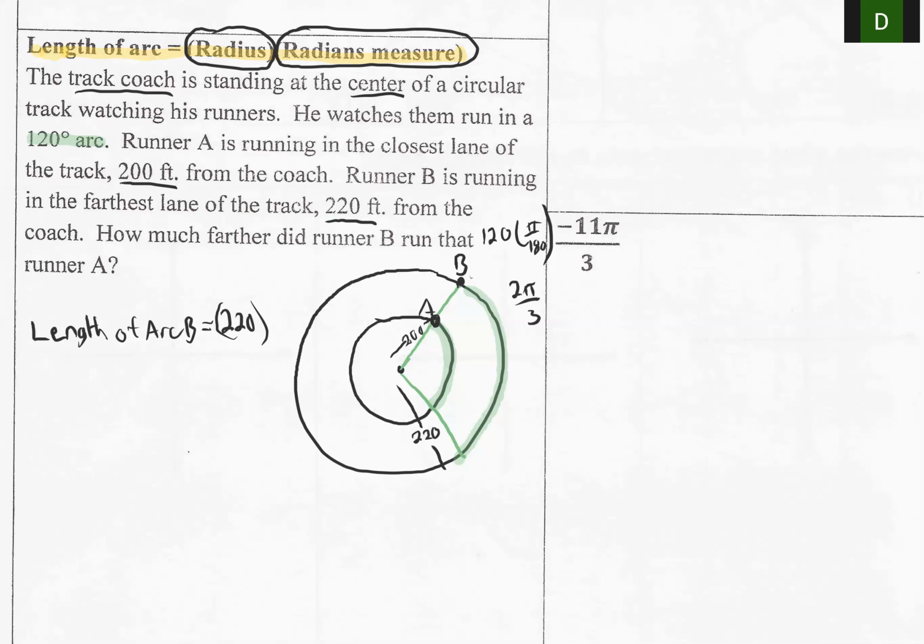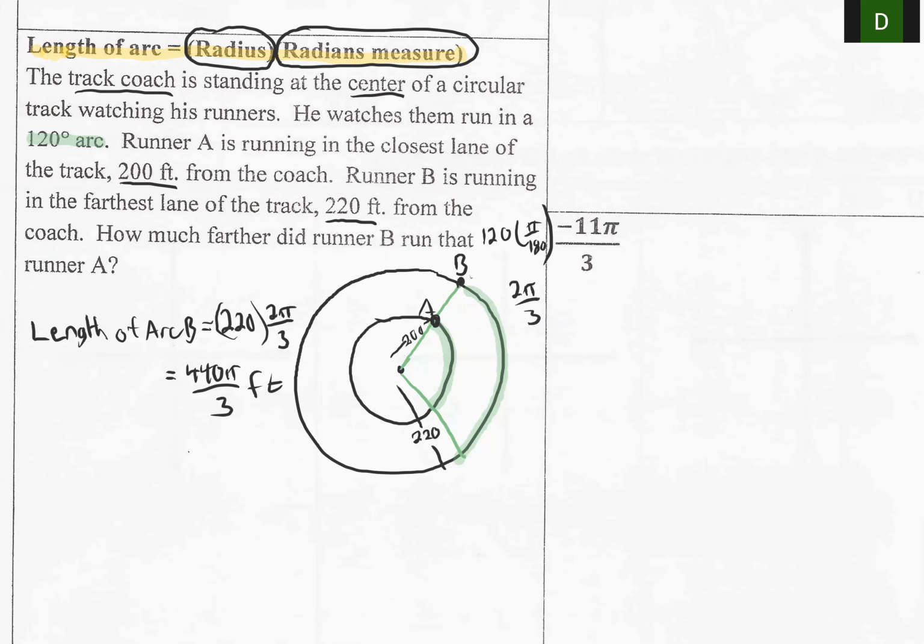When you use the formula, you have to multiply by the radian measure. So I'm going to do 220 times 2 pi over 3. When you figure out that value, that's going to be 440 pi over 3 feet. This is how far runner B is running: 440 pi over 3 feet. I probably shouldn't box this because that's not the final answer.